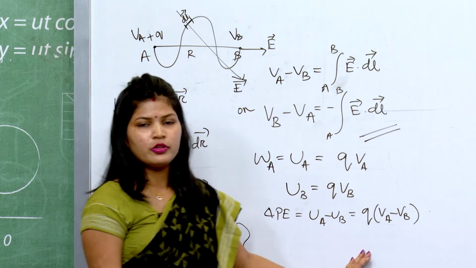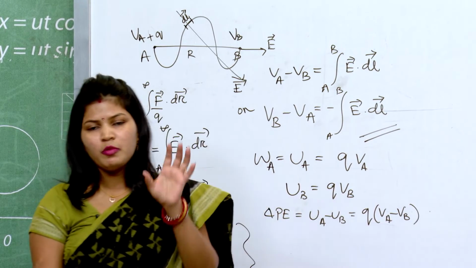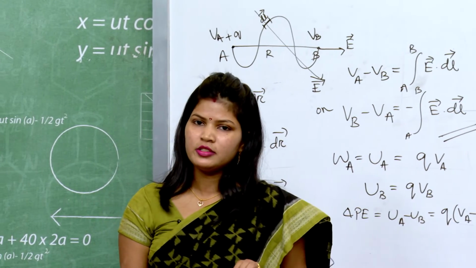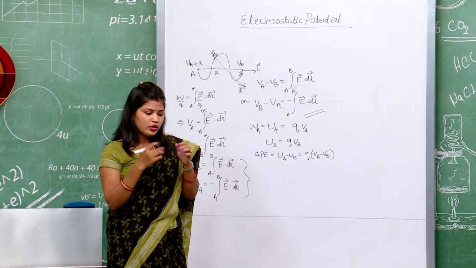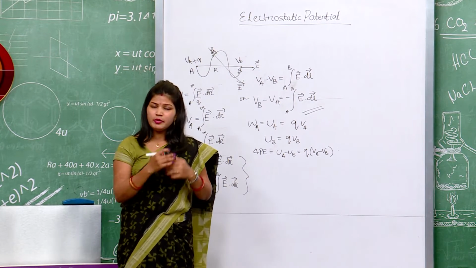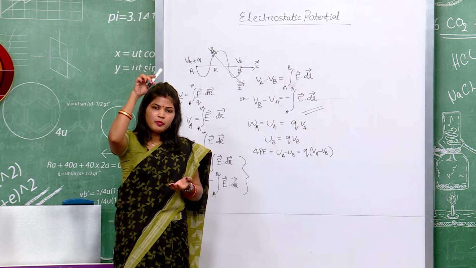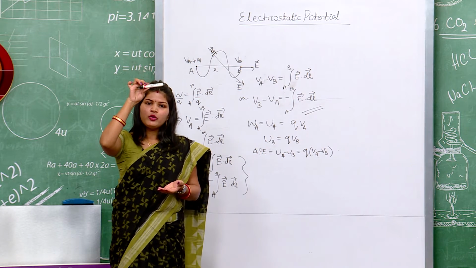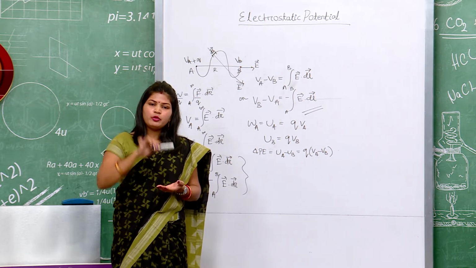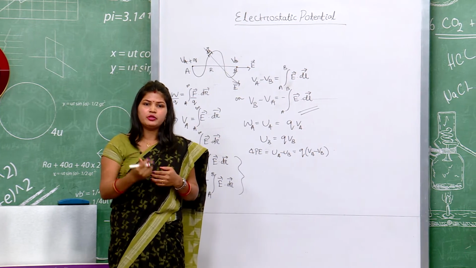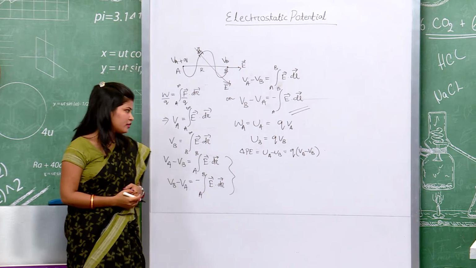From the work energy theorem, we know that the sum of kinetic and potential energies is conserved. So, when we are dealing with conservative fields, that is when I drop a marker here, it will go from higher potential to lower potential and it is converted into kinetic energy.